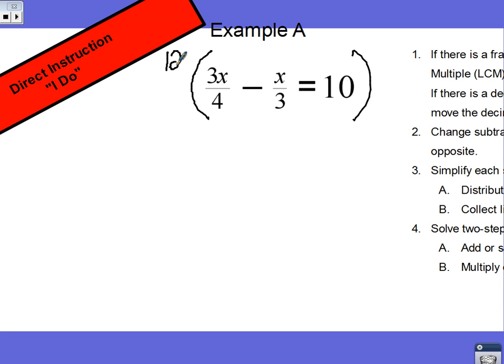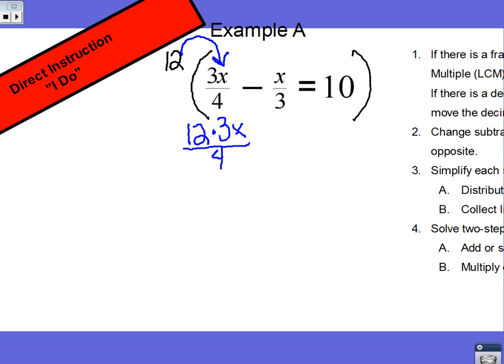I'm going to make this a distributive property problem. When I make this a distributive property problem, notice the whole equation is in parentheses because I have to multiply each term, or each part of my equation, by that 12. Otherwise, my equation gets out of balance. I'm going to use colors here to help us see. 12 times 3x over 4.